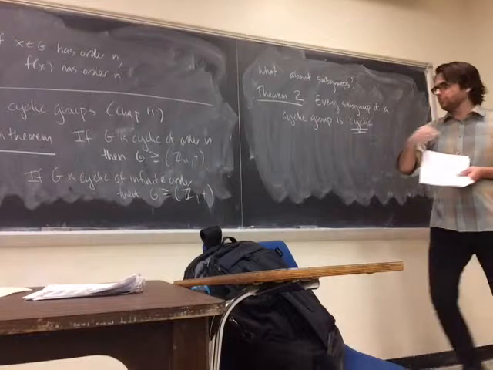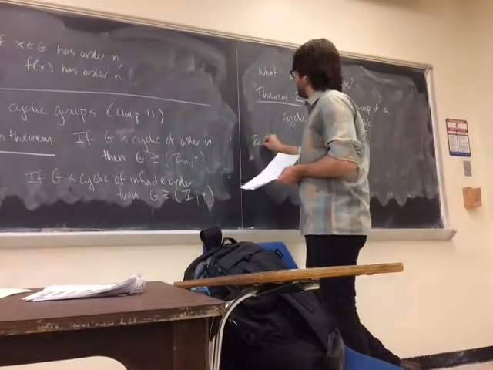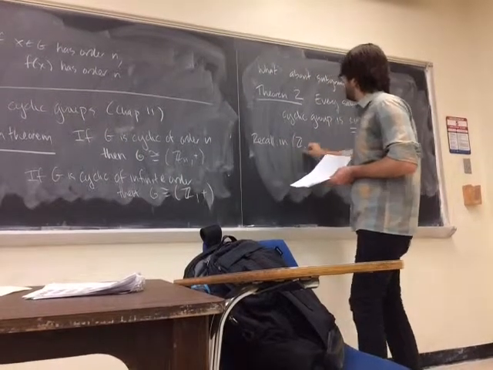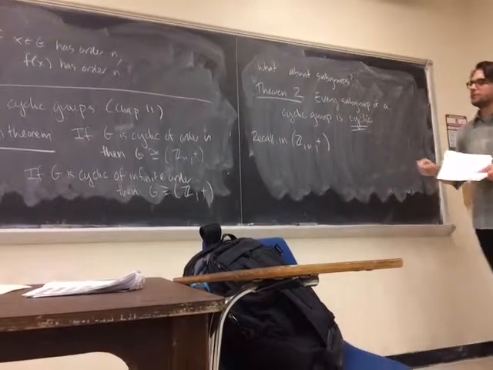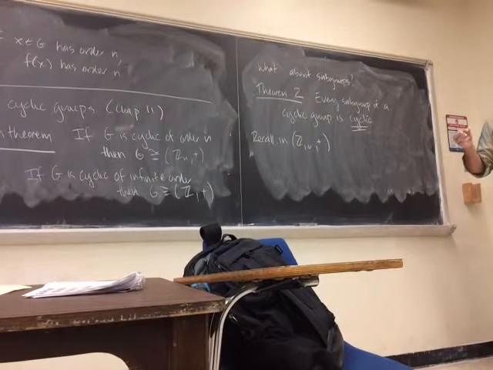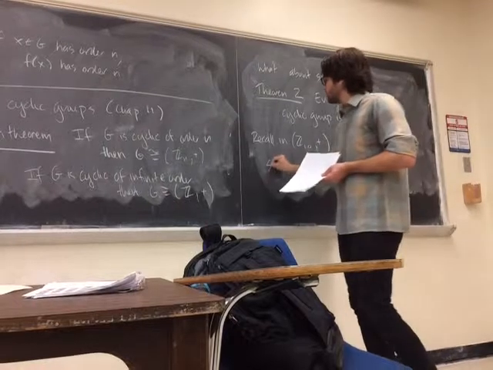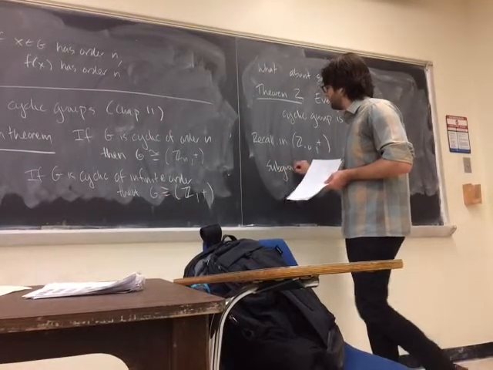So on your exam problem, recall in Z10, I asked you guys to write down the cyclic subgroups of Z10, but you were actually writing down all of the subgroups.